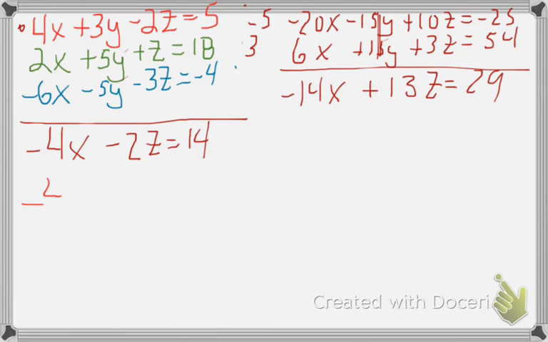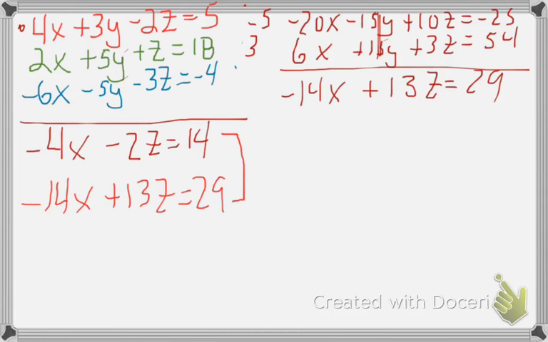So this will be negative 14x plus 13z equals 29. What I was saying is we took an equation that contained x, y, and z, and we reduced it to these two equations, which just contain x and z. Now this one, let's see what we can do with this one. This one's not too pretty.